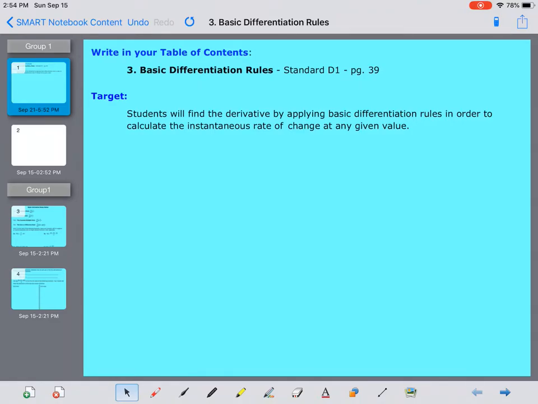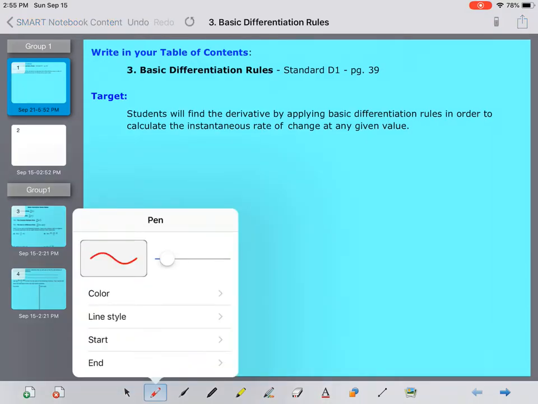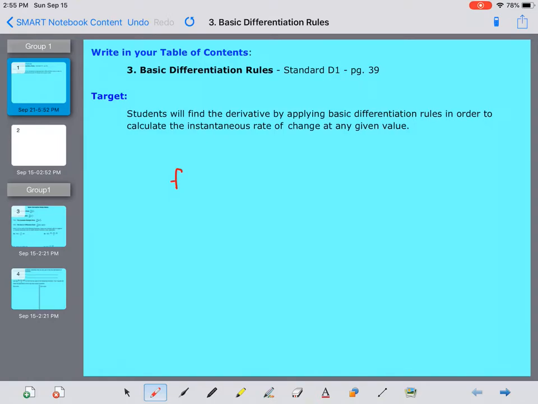Okay, so let's talk about some notation really quickly before we dive in. This is something you might want to put on a post-it note on the side of your notes in a different color possibly. So we've been using f prime of x. Remember, we read it as f prime of x. This is derivative notation when we're in function form.